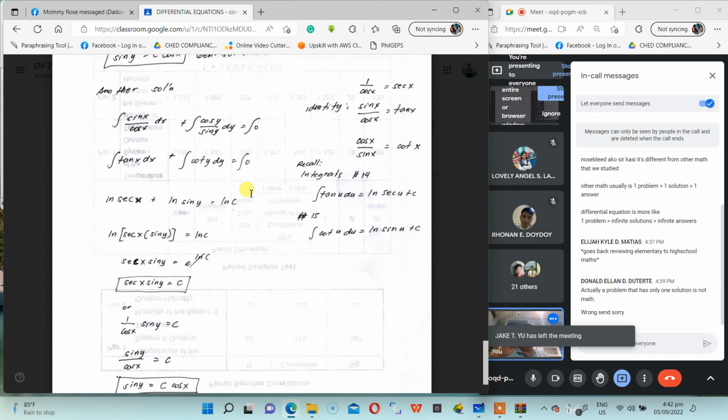Sir, in this solution, how could we solve this one? Or if you find problems on the internet, especially if there is a solution, that's best. If they have the answer already, that's best, then try to solve it. There are many on the internet, many books that I gave, you can look for them.